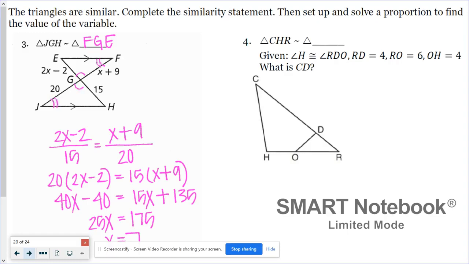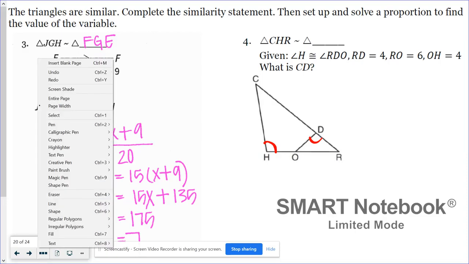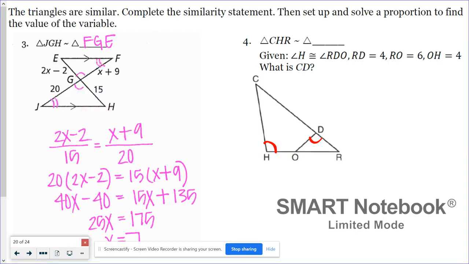Okay. And then in number 4, we are given that angle H is congruent to angle RDO. Okay. We are given that RD is 4 units long, that RO is 6 units long, that OH is 4 units long, and we want to find CD.